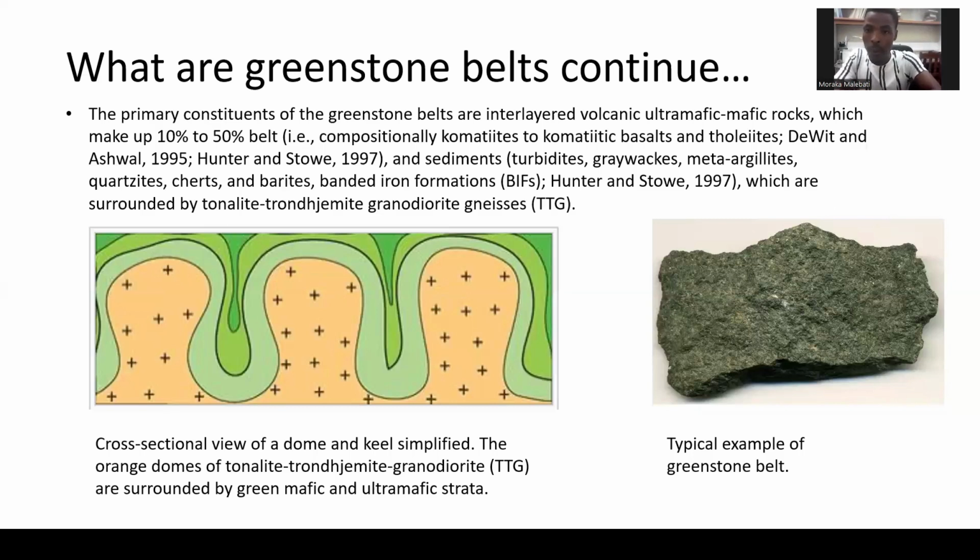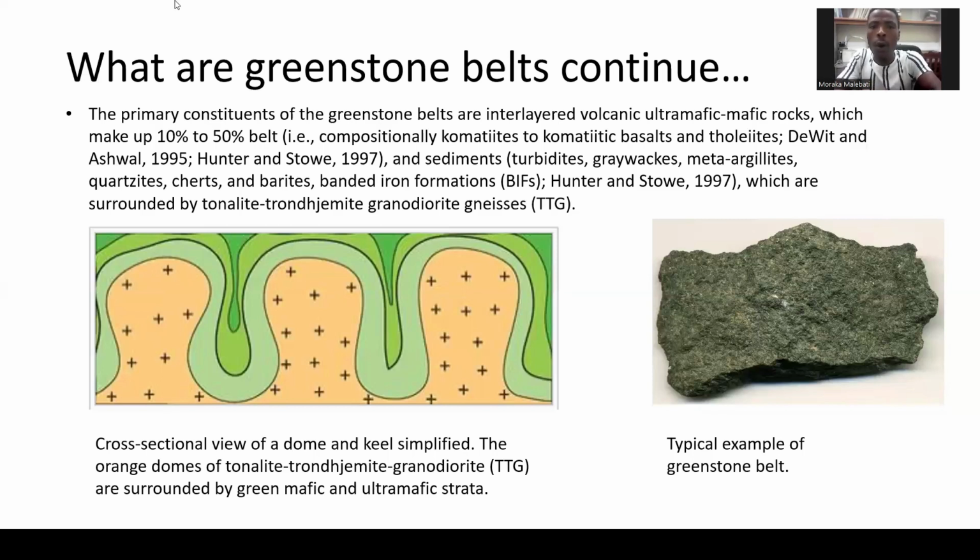All right, so the mid-oceanic ridge we find today has got a different composition from the mid-oceanic ridges that were there in the early stages of our Earth.